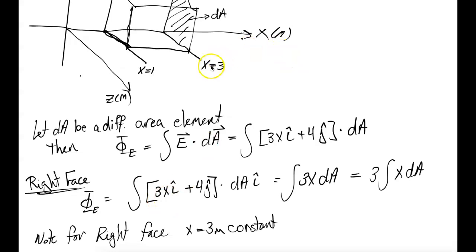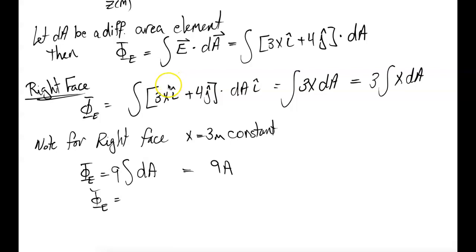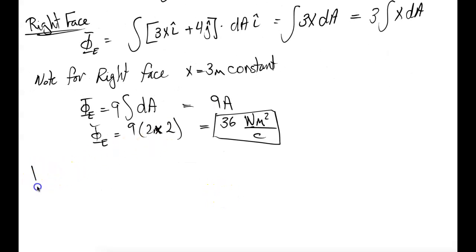Because it's going from x equals 1 to x equals 3, so all of the sides are 2, which means this is 9 times 2 times 2, which gives us 36. And the units for flux are Newton meter squared per coulomb. So for the right face, we get this value. Note for the left face, we get the same.